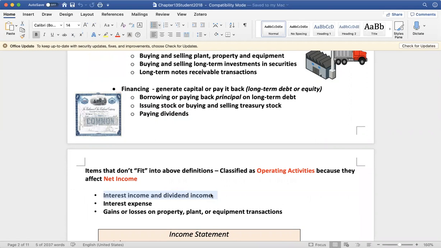This is something that people easily confuse, so I just want to highlight it. And interest expense is also classified as operating activities. So just remember that for interest and dividends, only the paying of dividends is a financing activity. Interest income, dividend income, and interest expense are classified as operating activities for cash flows.